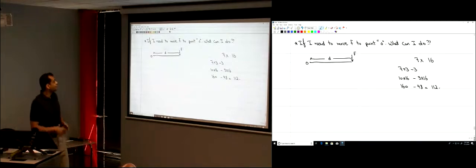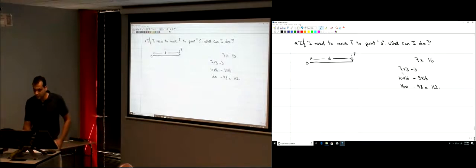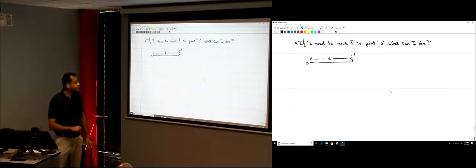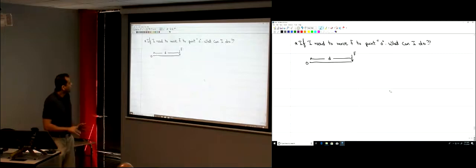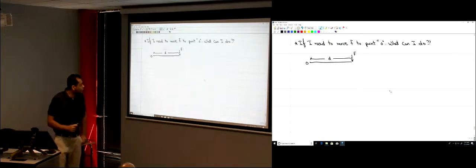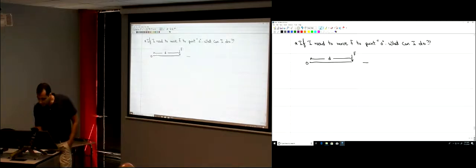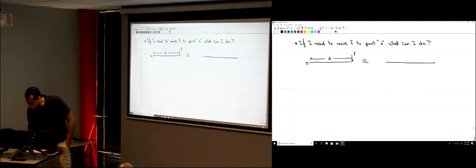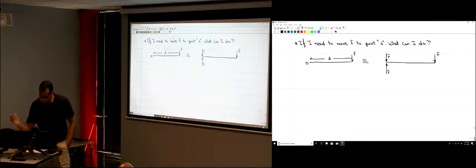So that's 7 by 16. The same thing is what we want to do here. I'm just going to use the same analogy. This force F, I want to move it to point O. So I'm going to keep the same force that I have here, but I'm going to add a force here and a force here.